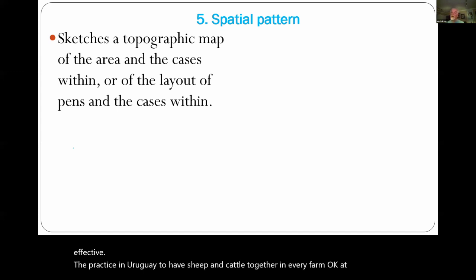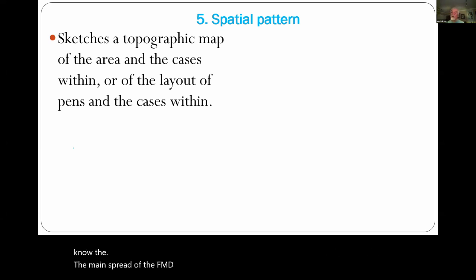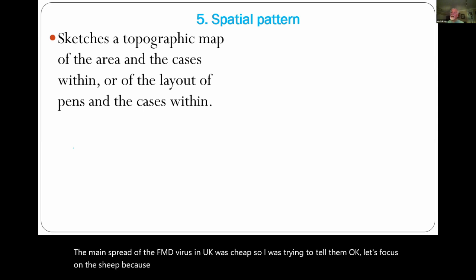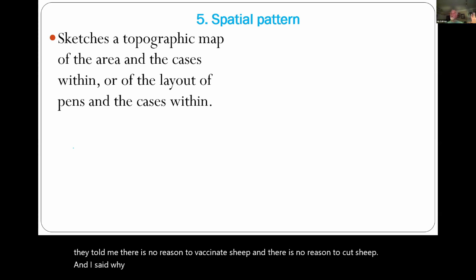At that time, we knew the main spread of the FMD virus in the UK was through sheep. So I was trying to tell them, okay, let's focus on the sheep, because they were doing vaccination and depopulation at that time. And they told me there is no reason to vaccinate sheep and no reason to cull sheep. I said, why? And it's through the map.